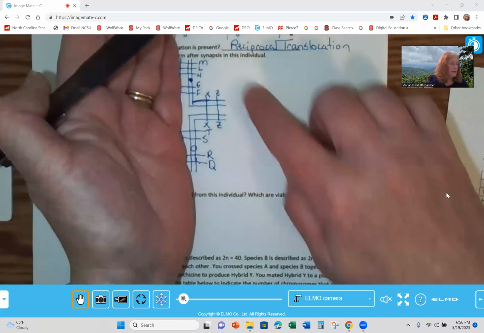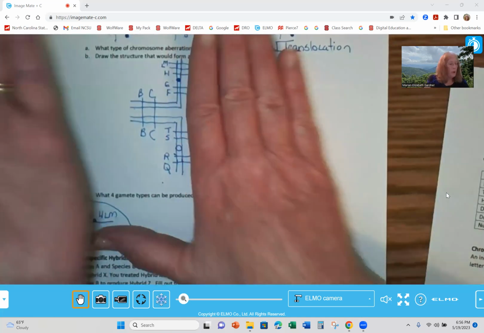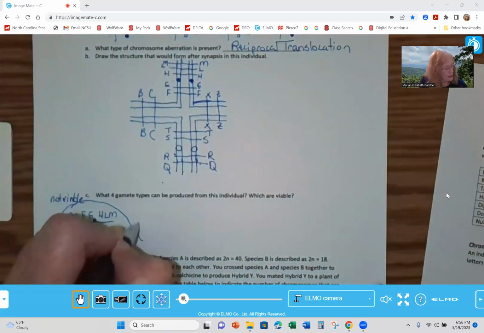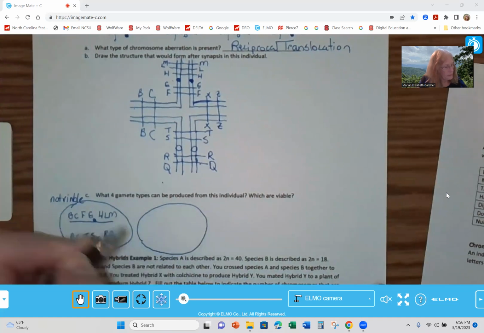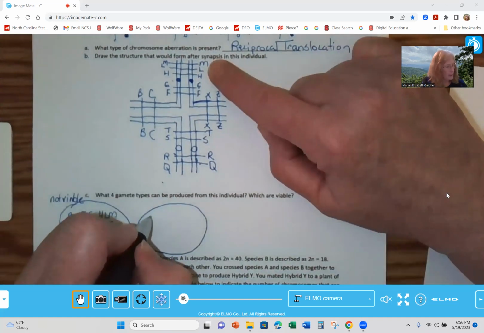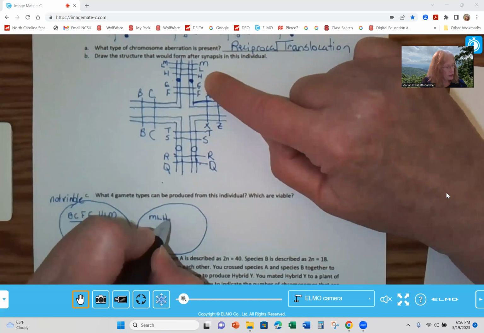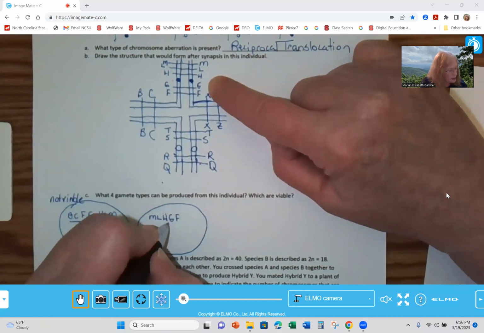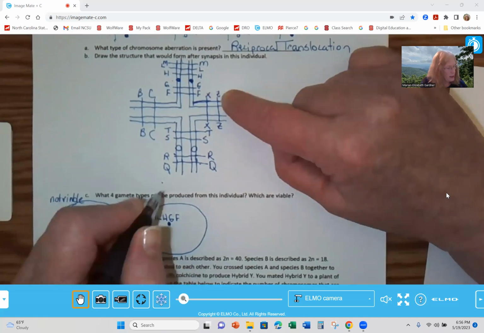If I had this going toward one pole, the stuff on the right would go toward the other pole. So let's draw those out. M, L, H, G, F. Oops, forgot the centromere. It's between H and G. It's a closed centromere.